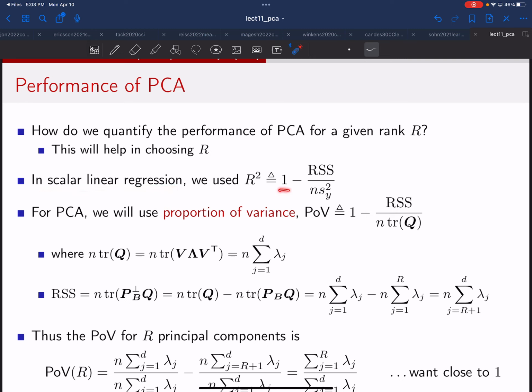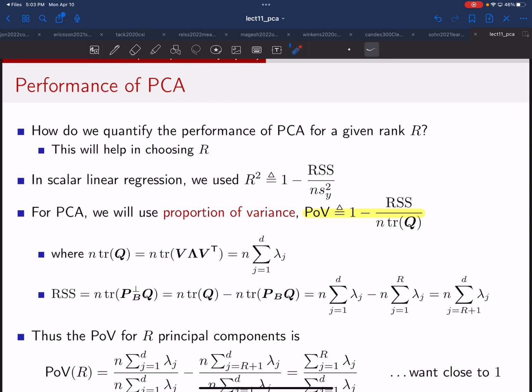We define it as 1 minus RSS over the number of samples times the covariance for our targets. For PCA, we use something almost identical, except since we don't have targets, we replace that with the total energy in our signal. So trace of Q is like the variance of all the features summed across the features. So it plays the role of that.